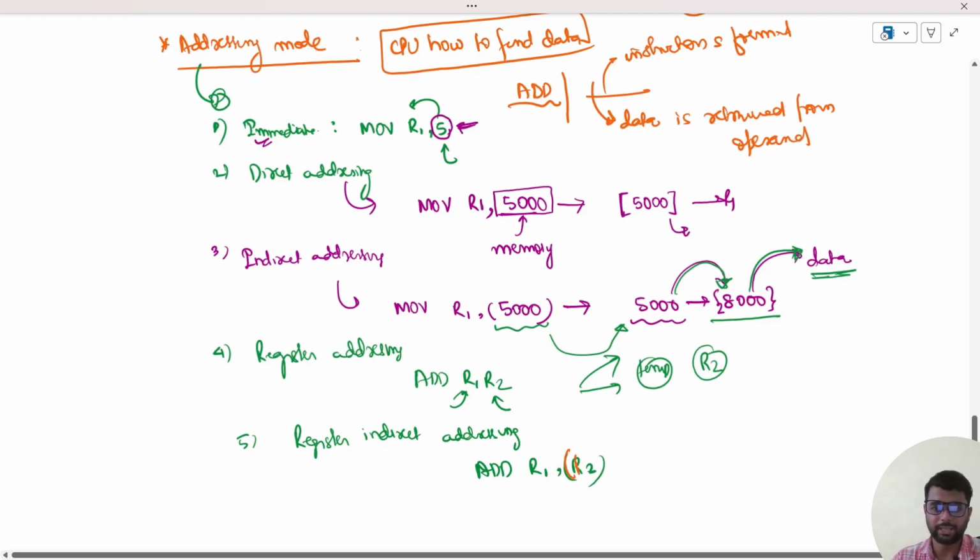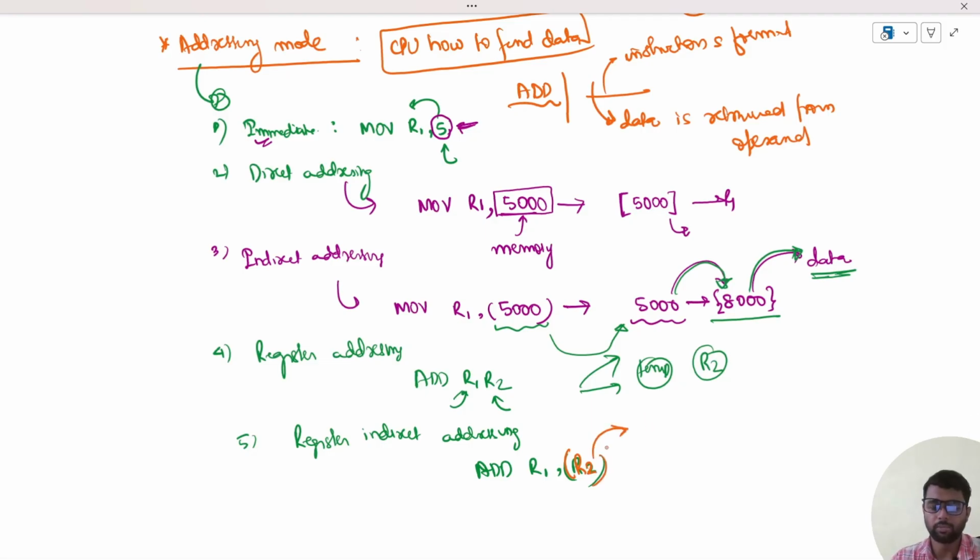This bracket indicates that R2 is not the data. It is basically holding the location where the data is. For example, if R2 is 5,000, it means that you have to go to the memory location 5,000, and at that location the data is there. You bring that data and add it to R1. Understand? So this is register indirect addressing.